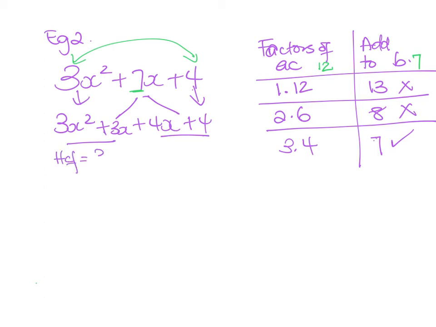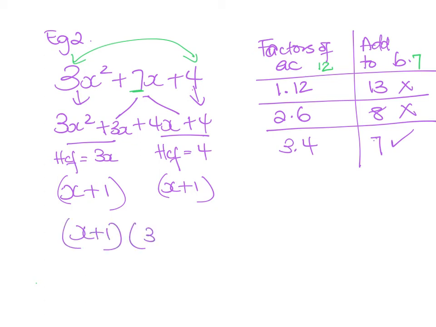And the HCF there is 3x, and we'll be left with x plus 1. What is the HCF for these two? The HCF is 4, and we'll be left with x plus 1. So x plus 1 is now common to both, so we can pull out the x plus 1, and we're left with 3x plus 4, and we have completed the question.